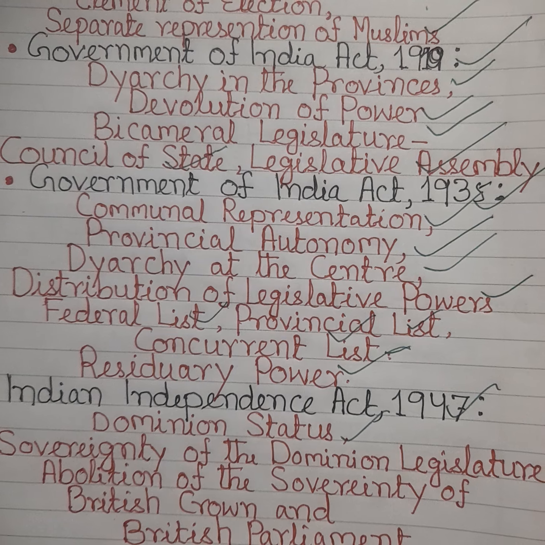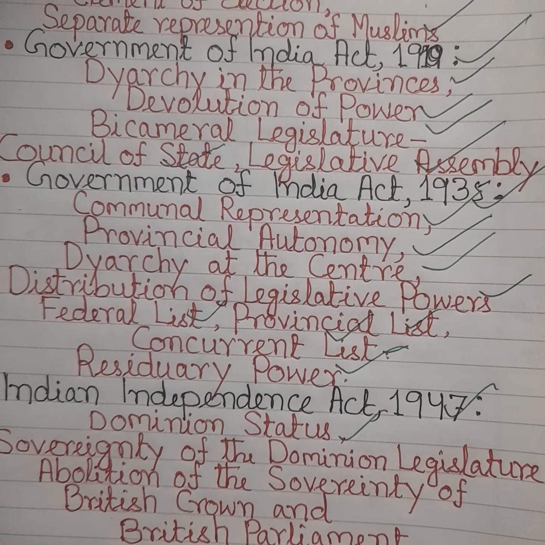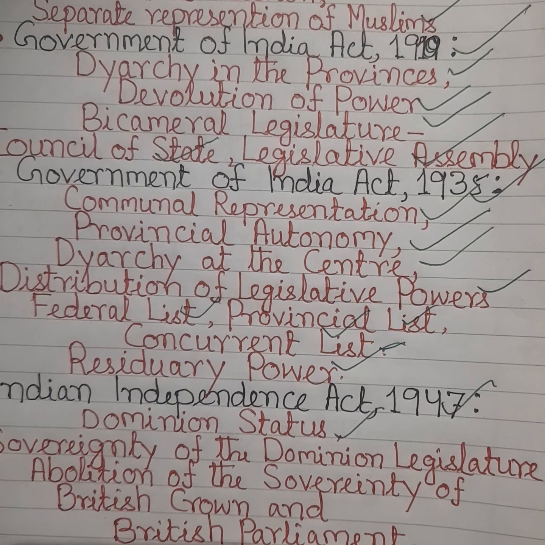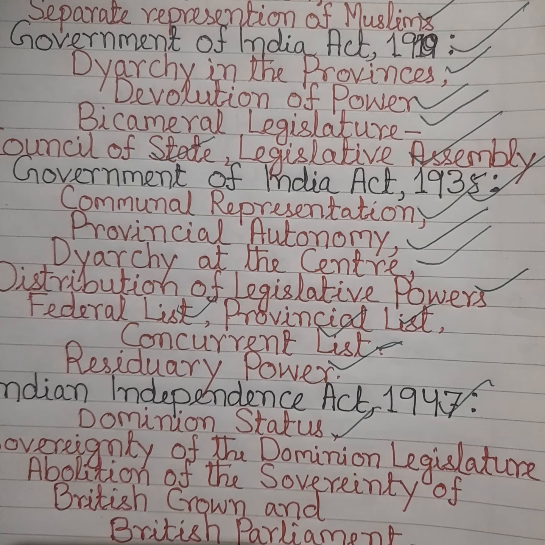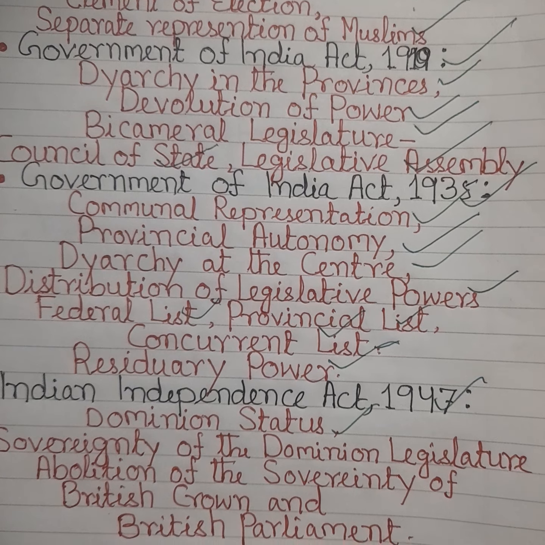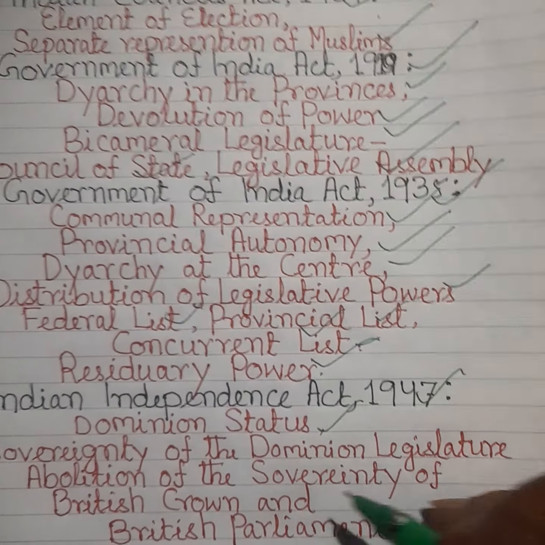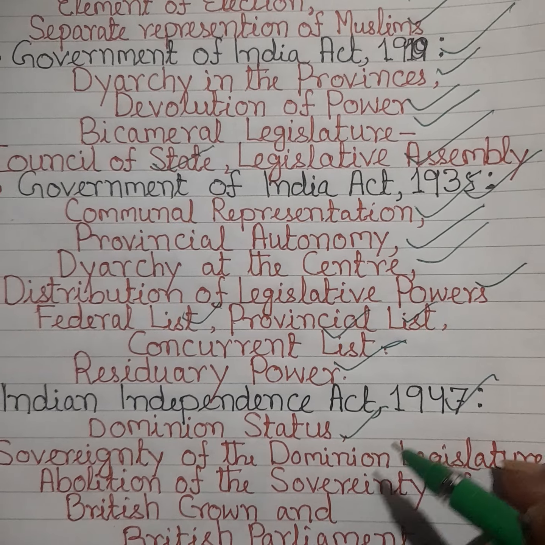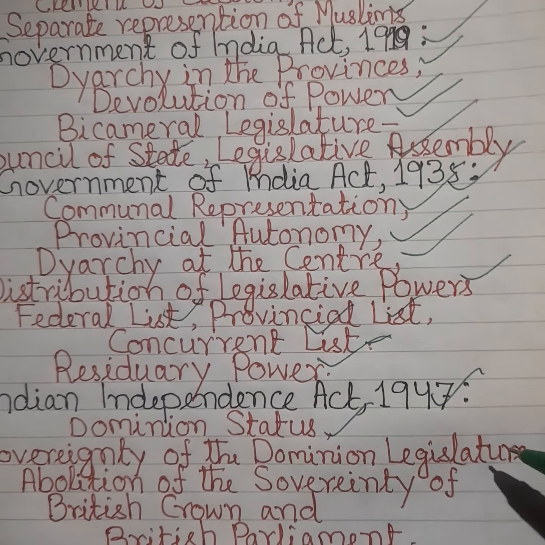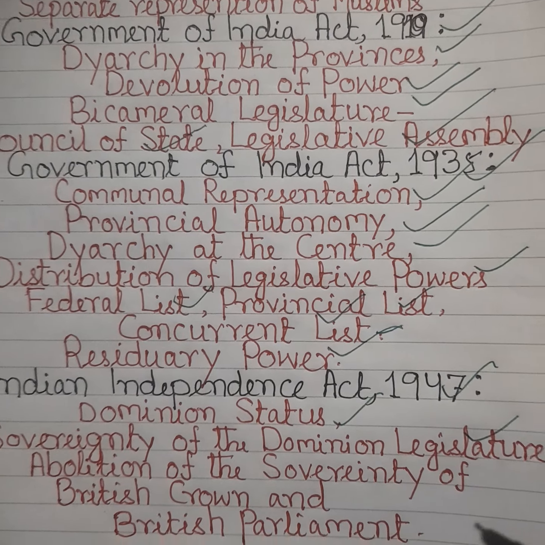And by giving dominion status to India, there was abolition of the sovereignty and responsibility of the British Parliament. So the crown was no longer a source of law. So the sovereignty of the dominion legislatures was given.